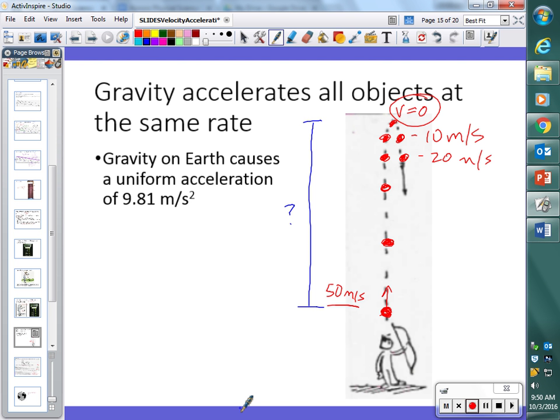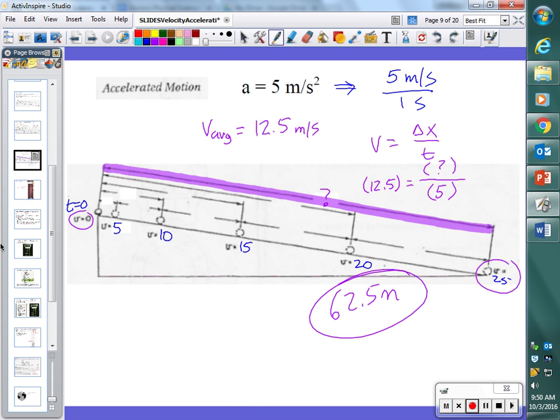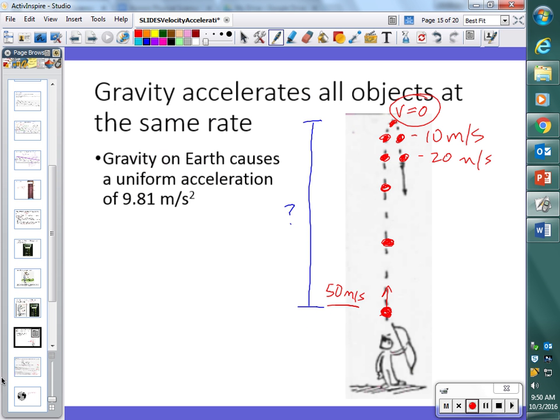Okay, so we figured out how to do this when we talked about rolling the ball down the hill, right? When we looked at the whole ramp, whenever we figure out how far something goes, we're going to use this relationship, right?